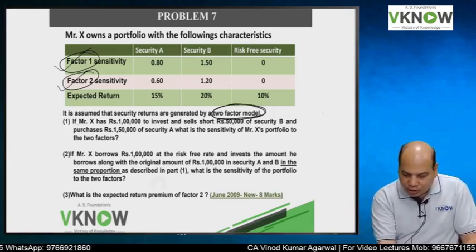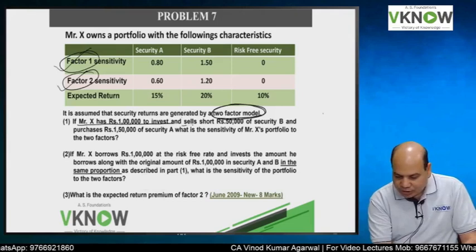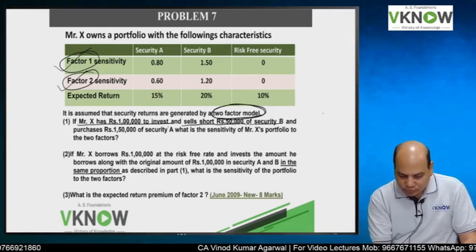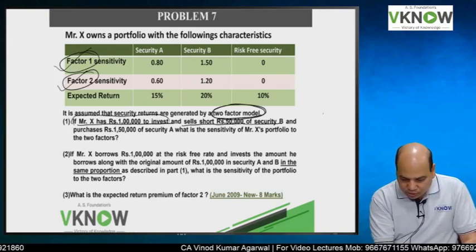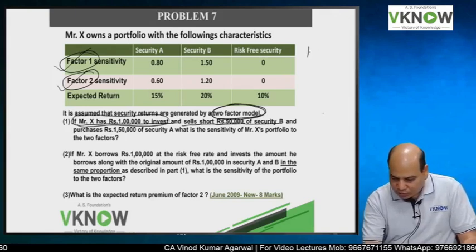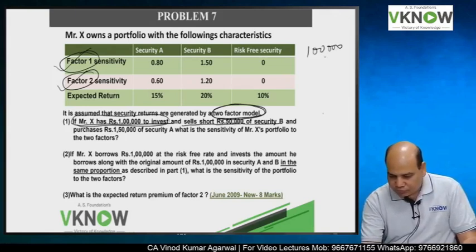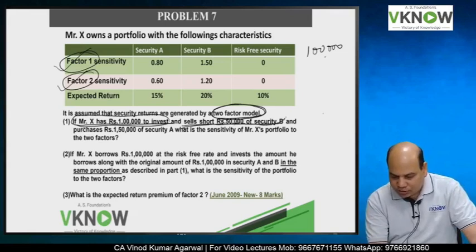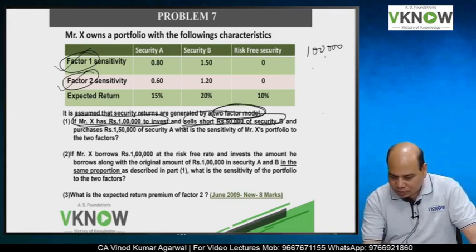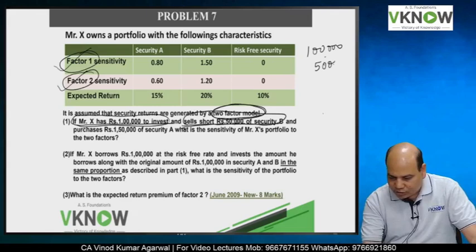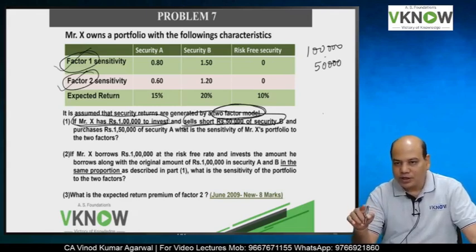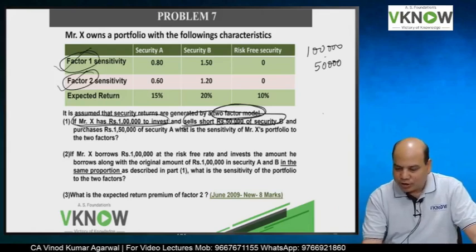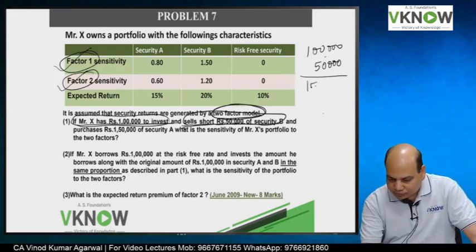Mr. X has rupees 1 lakh to invest and sells short rupees 50,000 of security B. So how much amount he has? He has 1 lakh rupees and he sells short 50,000 of security B. So he will get 50,000 rupees by selling security B. When you do the short selling, you get the money.